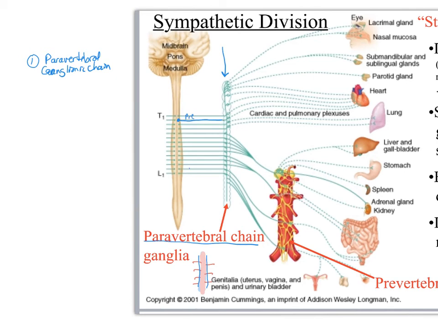It's going to come into the paravertebral ganglionic chain where there are lots and lots of ganglia. It's going to synapse, and then this would be the postganglionic axon, coming out to its target organ. So this is going to be acetylcholine, and then over here it's also going to be using acetylcholine.